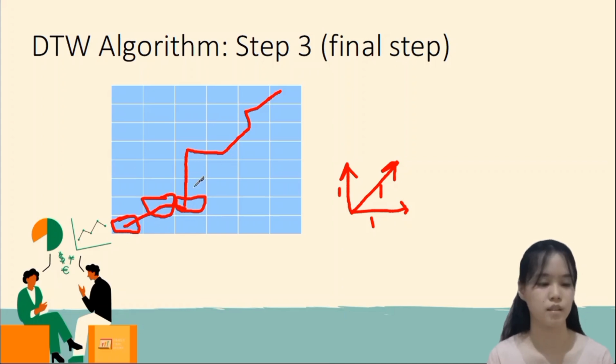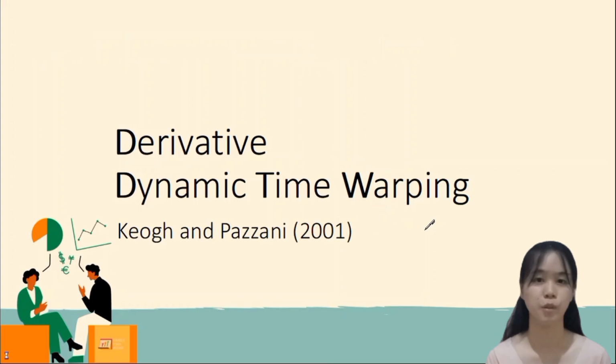After adding the distances, we just take the square root and that's the distance. That's it. We have the distance between two time series. Okay, so that was DTW.